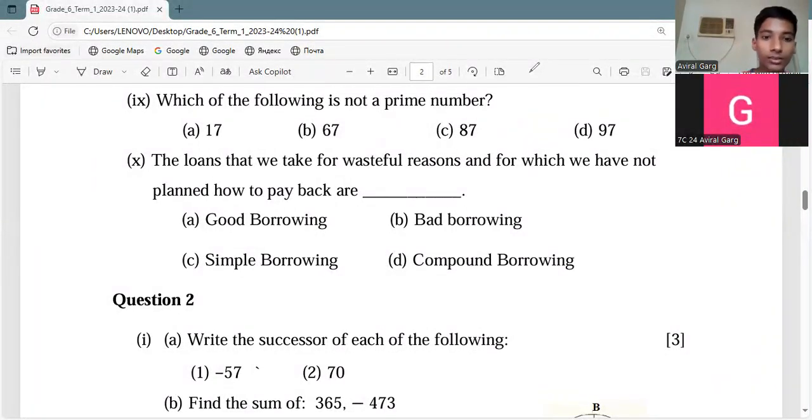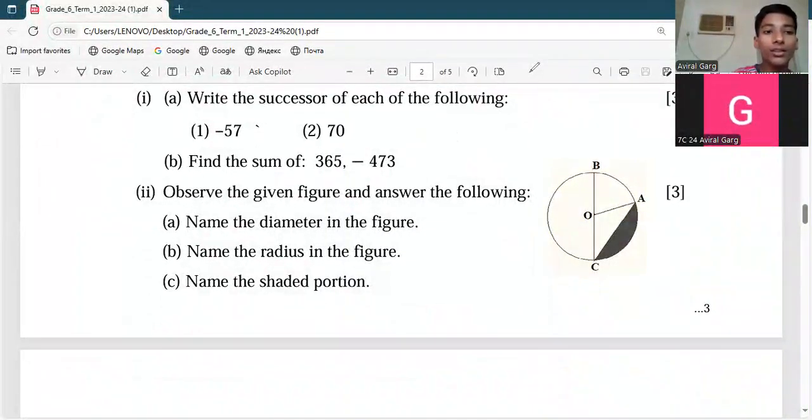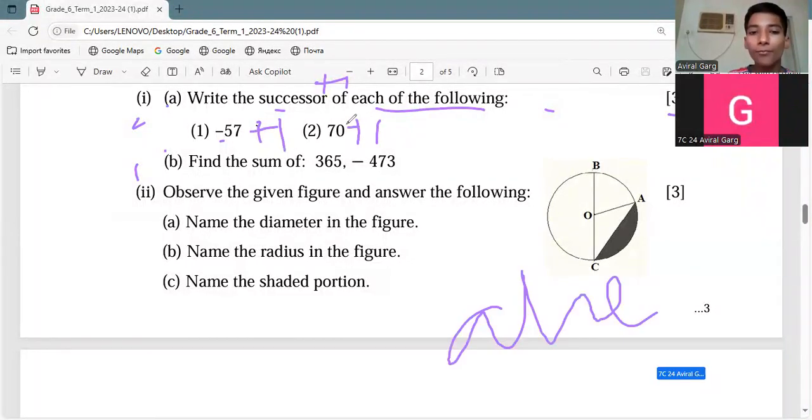Next question is, write the successor of each of the following. 3 marks question, two for this and 1 for this. Successor means plus 1. You have to just add 1 to the given number. Minus 57 plus 1 and 70 plus 1.